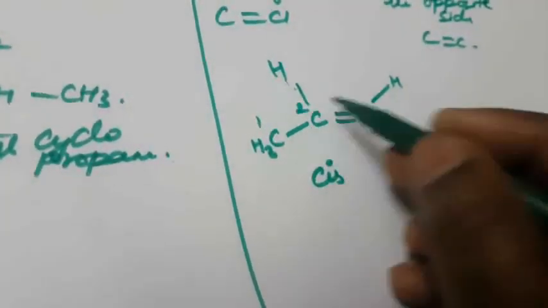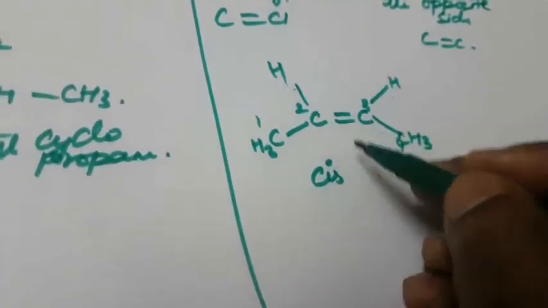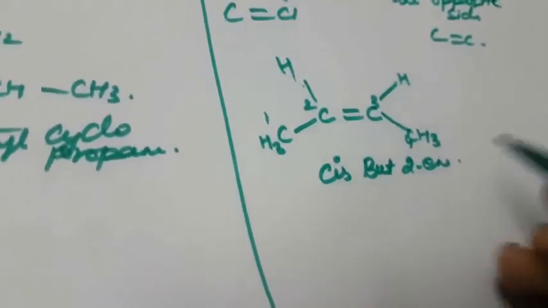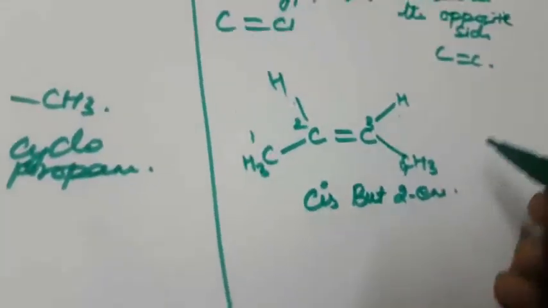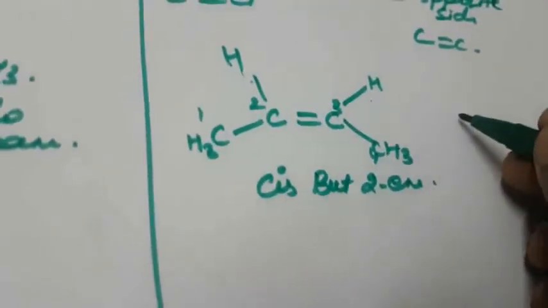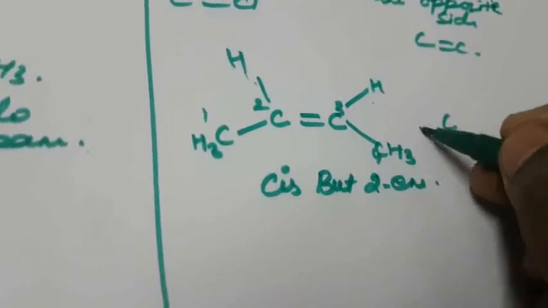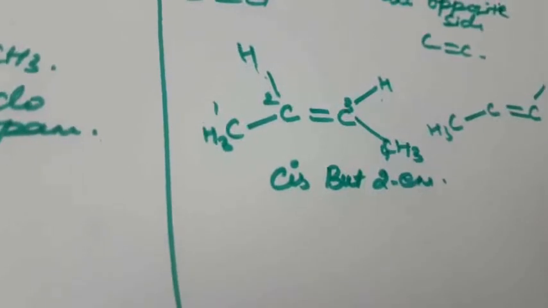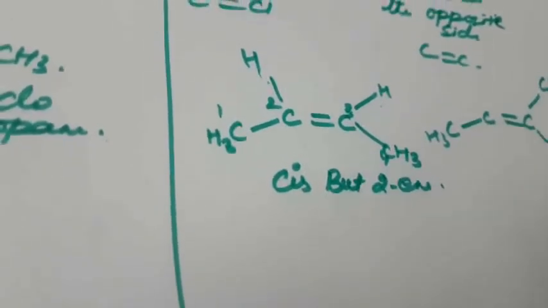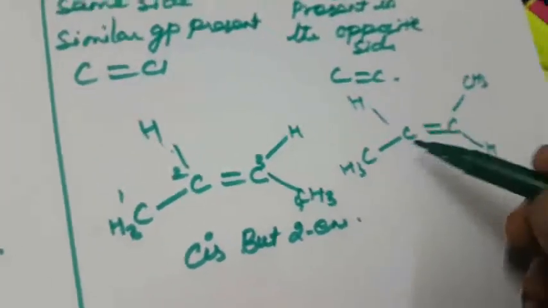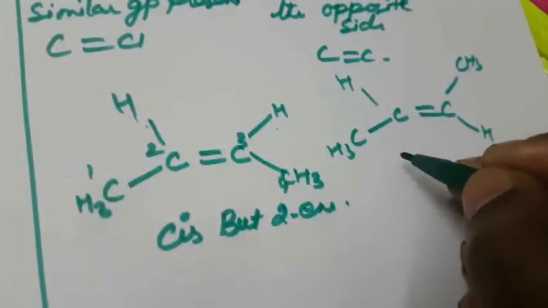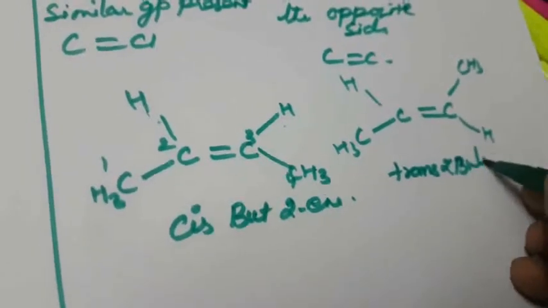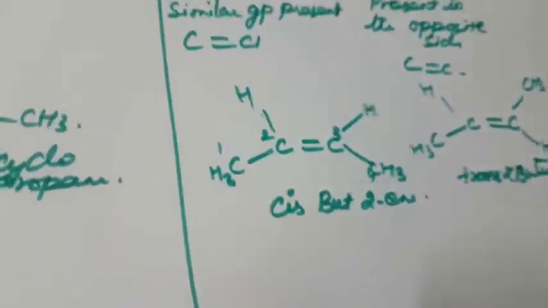How to name: 1, 2, 3, 4, butene, cis-2-butene. For the same compound, again CH3, C double bond C, here another CH3, here one H, here one H. The similar groups are present on the opposite side. That is called trans-2-butene. So this is cis and trans isomerism.